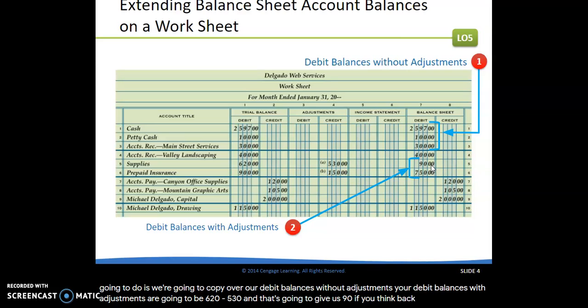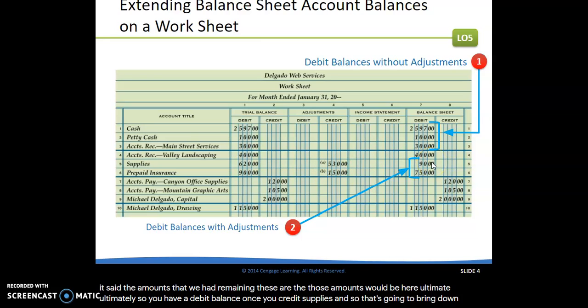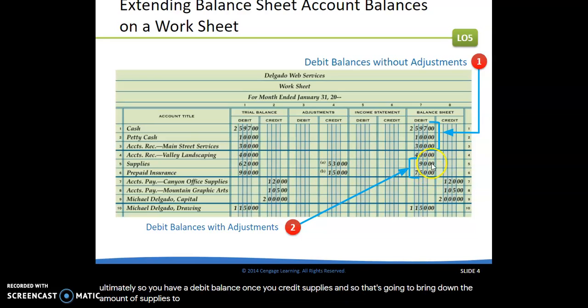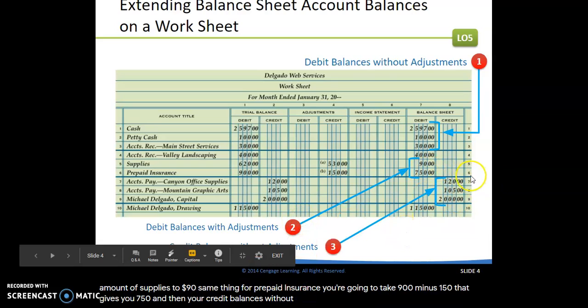If you think back to lesson 6.2, when it said the amounts that we had remaining, those amounts would be here ultimately. So you have a debit balance, you credit supplies, and so that's going to bring down the amount of supplies to $90. Same thing for prepaid insurance. You're going to take 900 minus 150, that gives you 750. And then your credit balances without adjustments, you just move them right on over. You just copy them over.